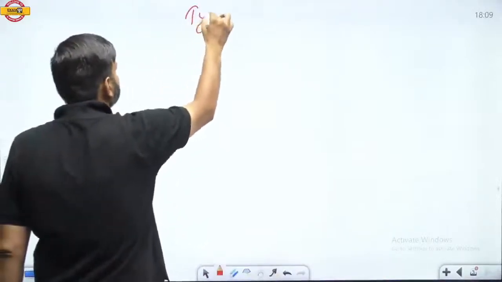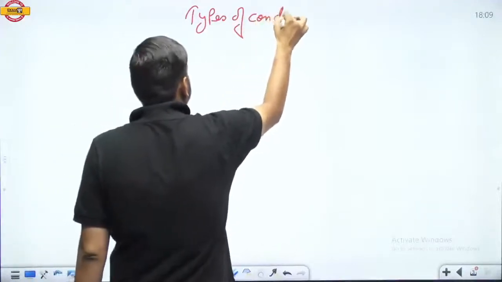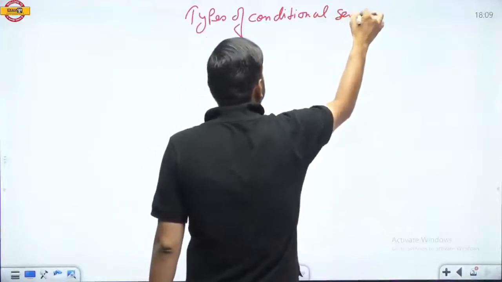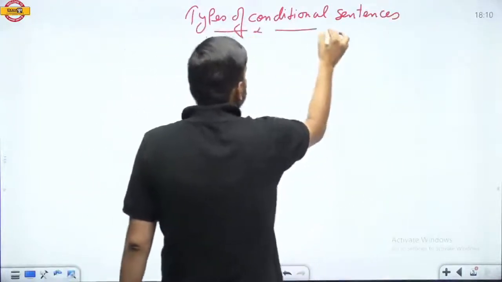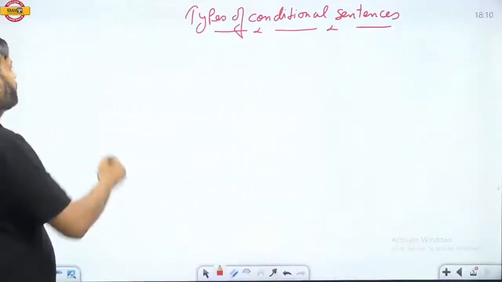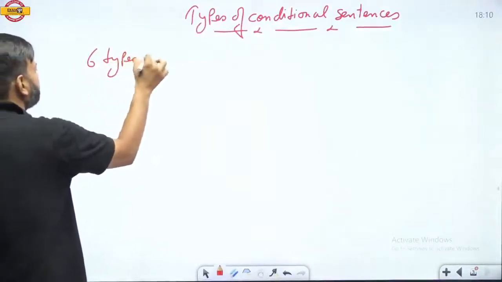Types of conditional sentences. There are 6 types of conditional sentences.